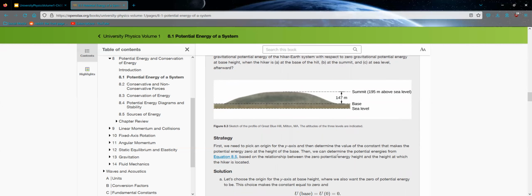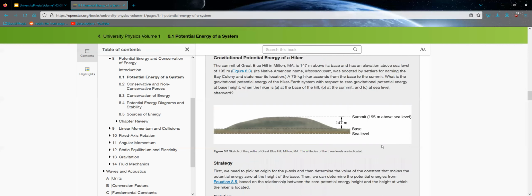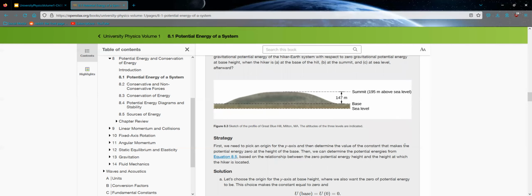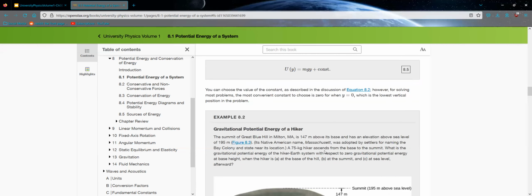So how do we solve the gravitational potential energy of the hiker at A, the base, B, the summit, and C at sea level? Well, first, we need to pick an origin of the y-axis and then determine the value of the constant that makes potential energy 0 at the height of the base. Then we can determine the potential energy from equation 8.5, this one right here.